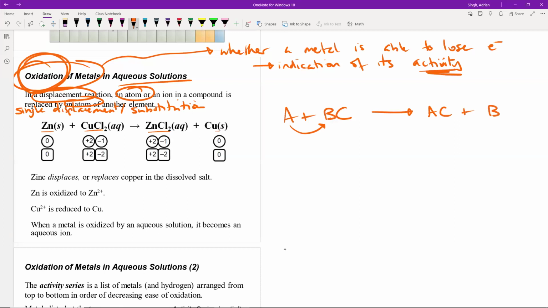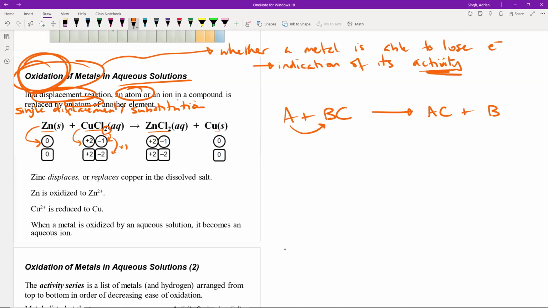All right. So in this specific example, we can look at the oxidation numbers. Elemental zinc will have an oxidation number of 0. The copper 2 chloride here, the monoatomic chloride ion will have an oxidation number of -1. We have 2 of them, so times 2 gives -2, which means the copper should have an oxidation number of +2.